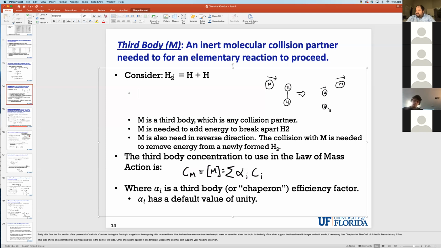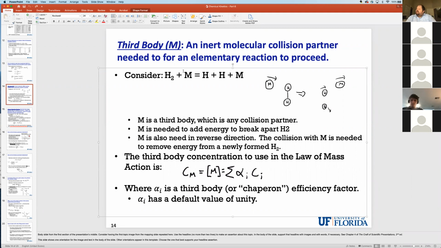That would be a fun world if so. No, that just doesn't happen in real life. Something gave this H2 molecule enough energy to break itself apart, and often what gives it that energy is a third body.